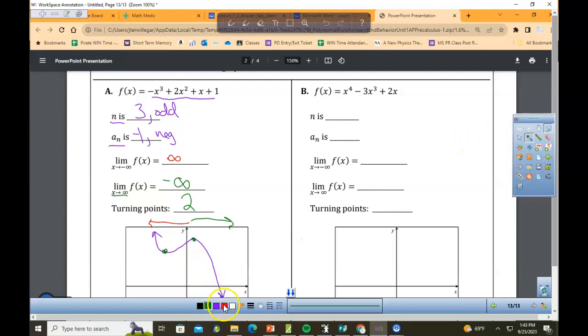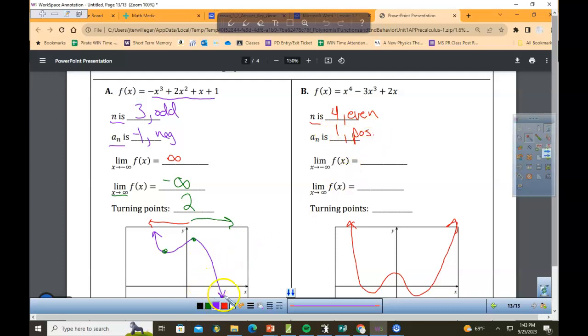All right, let's look at the next beast. When I graph the next one, it looks kind of like this. I'm just kind of winging it. Now for this one, my n is 4, so even. My leading coefficient is 1, positive.